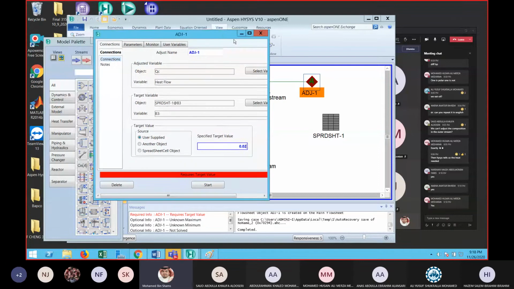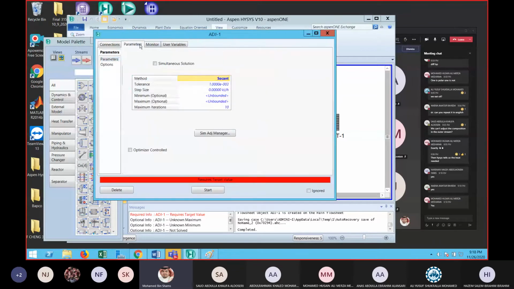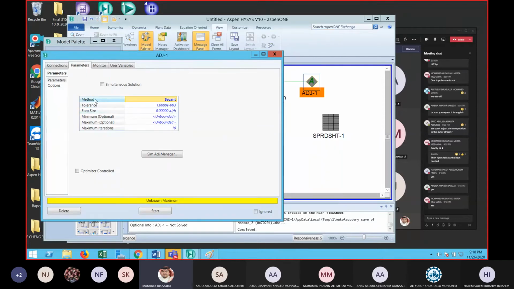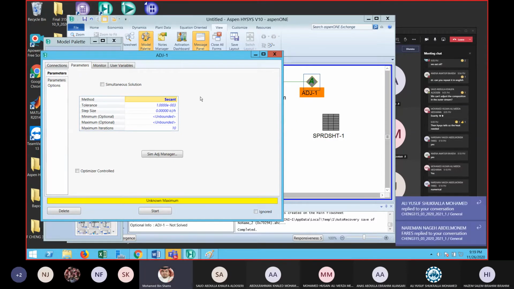Okay? Good. Now, when you go to the parameter, you will see that he's using a certain method. And that method is called secant. Where did we see this word before? Anyone can remind me? Numerical. Thank you.